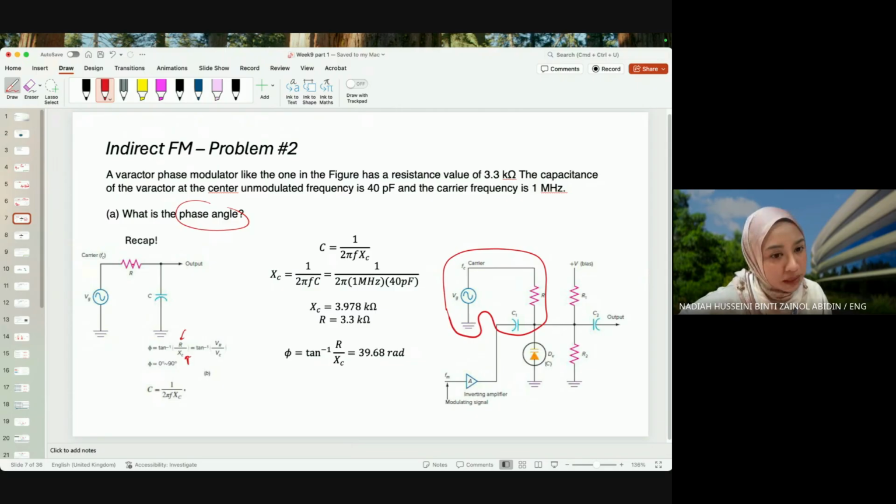If you meet capacitance first from the source and then R, it will be flipped. So in another scenario, I believe this is how it looked last time.